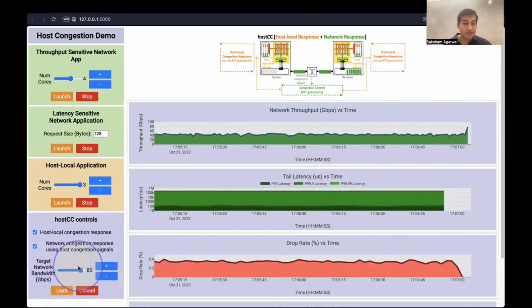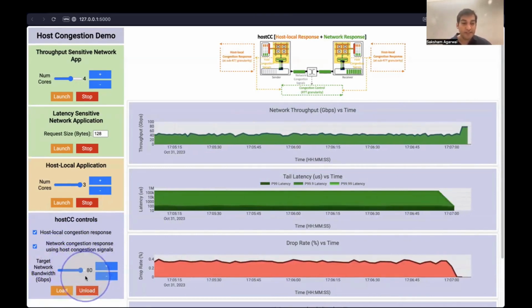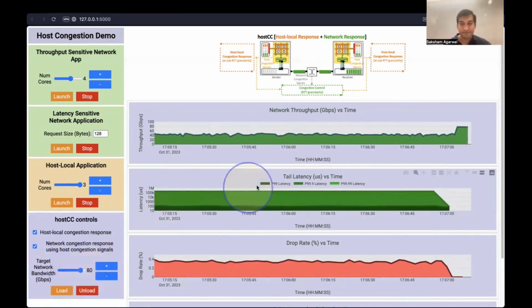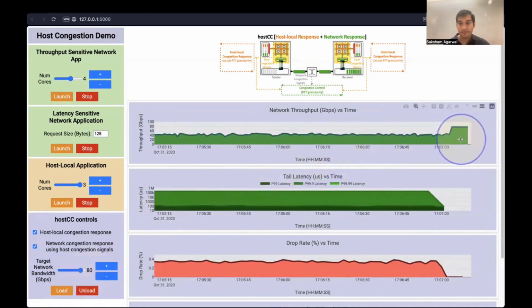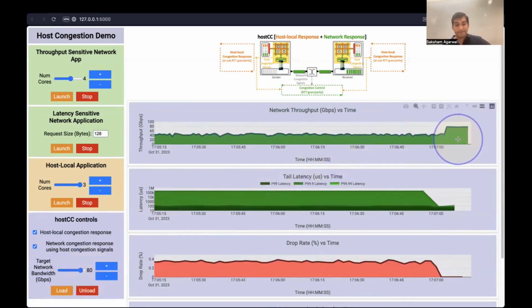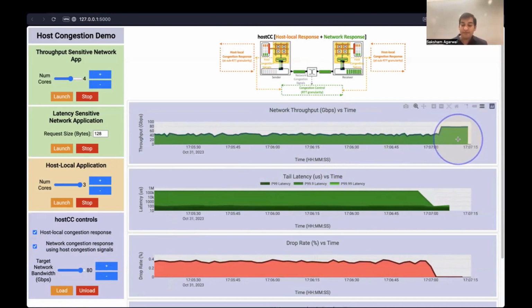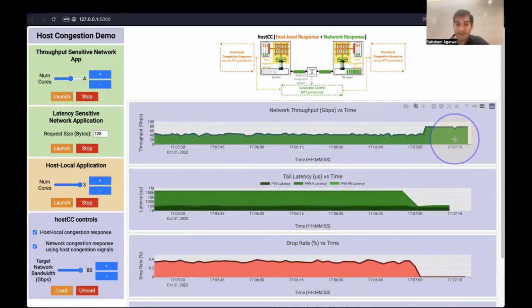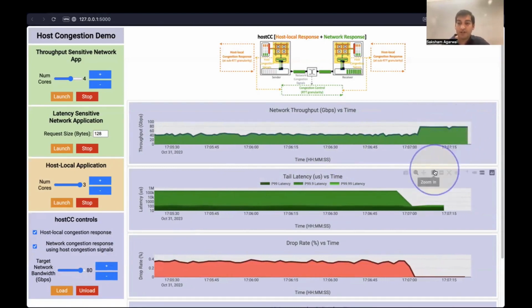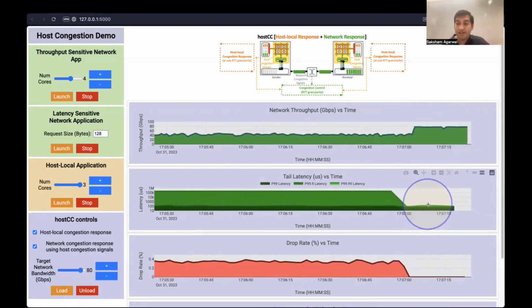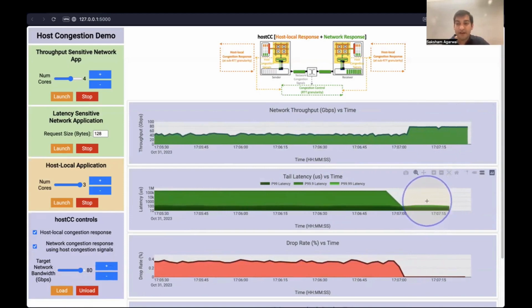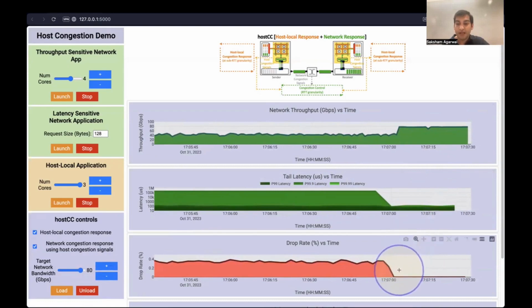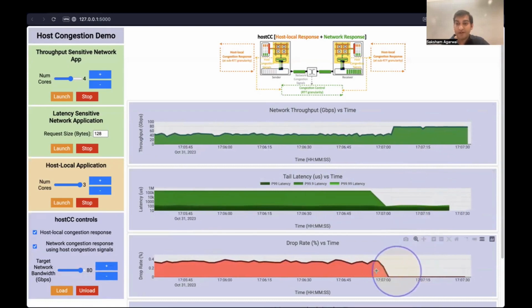So I've set the target rate again to be a default value of 80 Gbps. As we see, HostCC quickly converges the network throughput close to the target rate of 80 Gbps, and also allows the latency for the latency sensitive app to be low, close to the no congestion scenario, and packet drop rates are near zero.